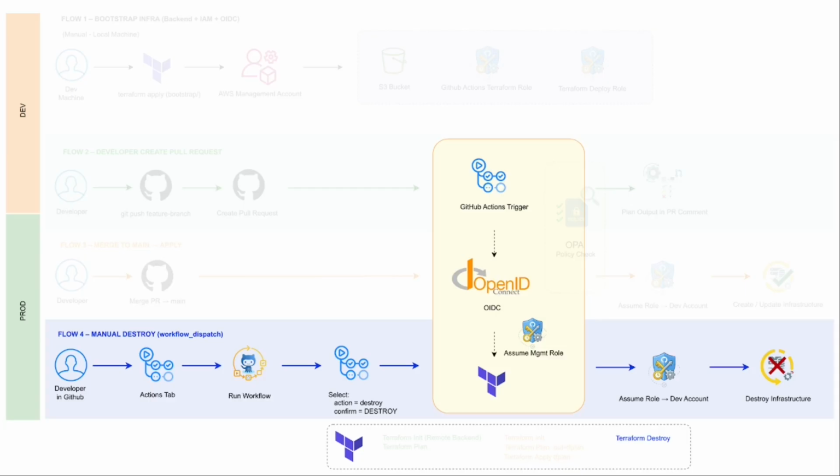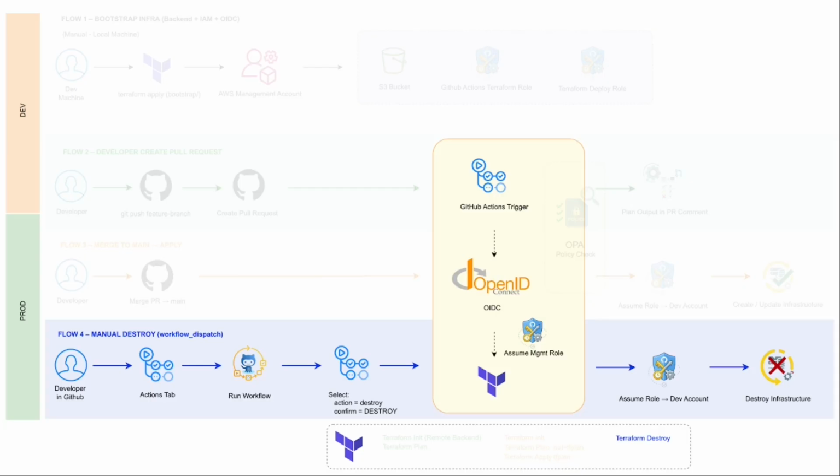Then the pipeline authenticates using OIDC, runs terraform destroy, executes policy checks, then assumes the target role and destroys infrastructure. This ensures deletion is intentional, controlled, and locked.